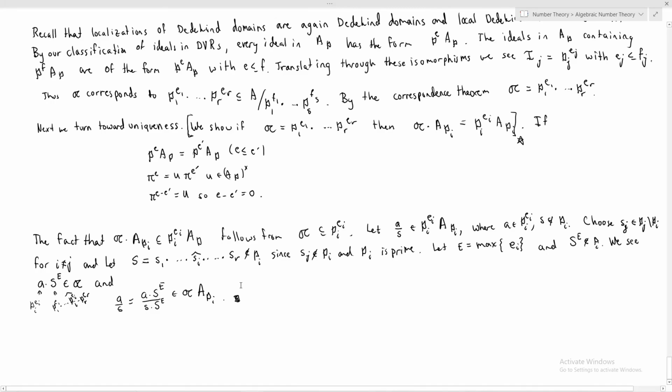The goal moving forward is to look at how ideals factor in extensions of Dedekind domains. We'll talk about that, and that has some useful applications for looking at how given prime ideals look in number fields. And then we'll move on to the class group from there.